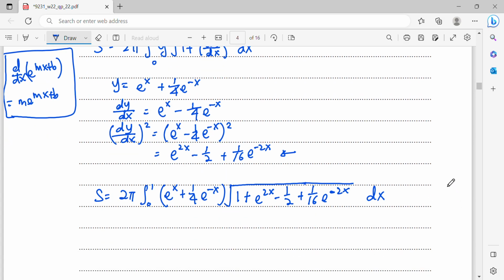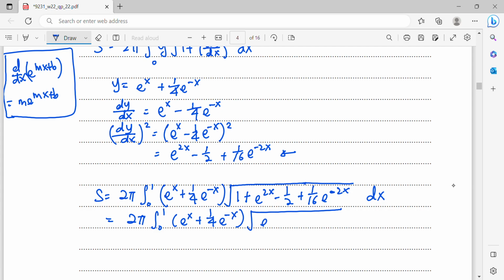Okay, so now for the square root, we try to simplify so that it can be expressed in terms of a square, then the square and square root can be cancelled off. Now, rewrite the first two terms. Then you get the square root. Now, 1 minus half, I will be getting half.